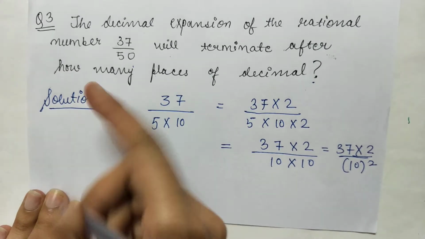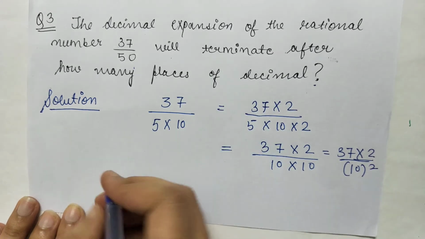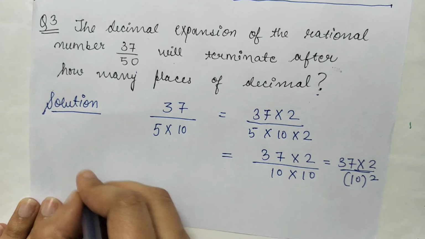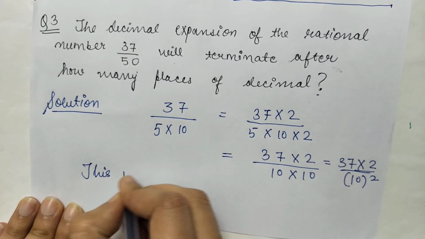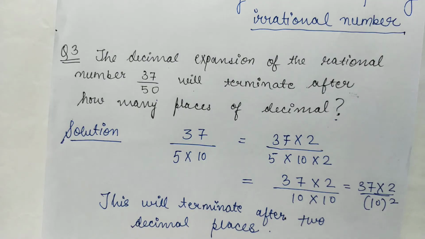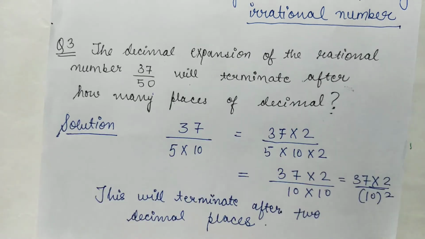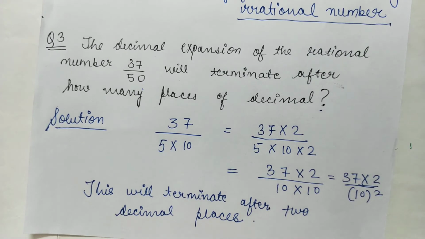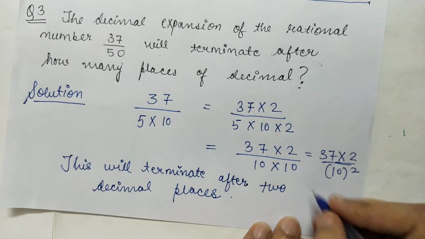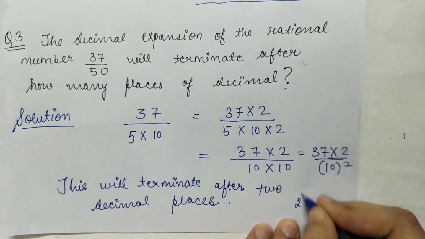So after how many places of decimal will this terminate? In this way you can find after how many places of decimal this fraction will terminate. According to those theorems, you have to write all the denominators in the form of 2 to the power m and 5 to the power n.